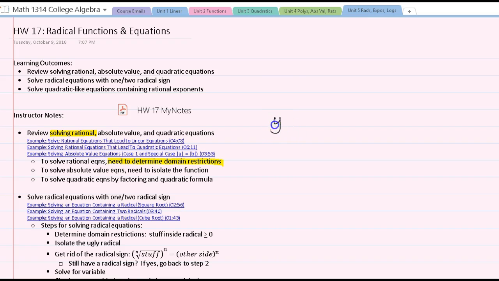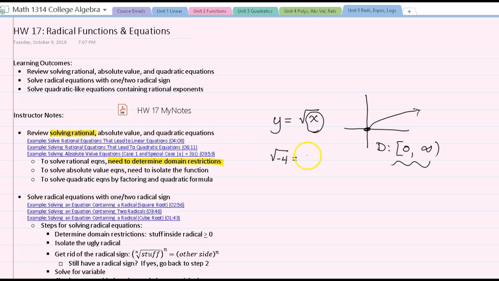Remind ourselves that y is equal to the square root of x is our parent function, and the graph of our parent function looks something like this, which has a domain that includes 0 and goes all the way to infinity. Notice we cannot have a negative number inside the radical, because the square root of -4 gives us 2i, which is imaginary and not on my graph.